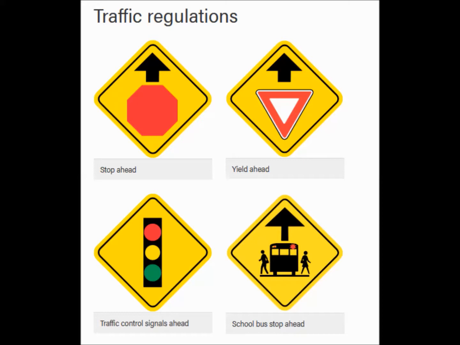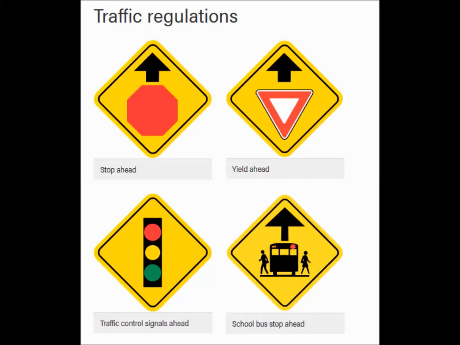Within it is a vertical black rectangle. On top of the black rectangle are a red circle, a yellow circle, and a green circle, listed top to bottom. Traffic control signals ahead.